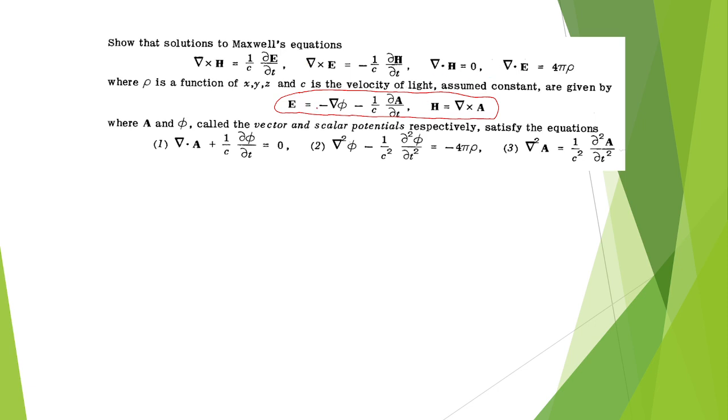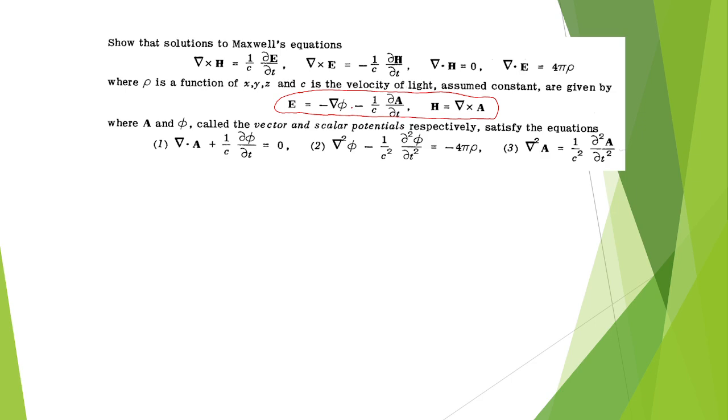So the solution of the Maxwell equation, the functions E and H satisfy these two equations. So this type of equation will be a solution of the Maxwell equation if conditions 1, 2 and 3 are satisfied.